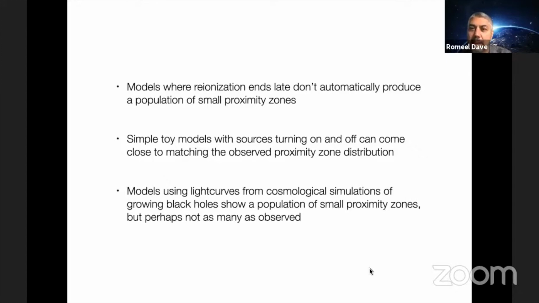In the meantime, I guess I can just ask about that one simulation that seemed to oscillate between those two values of the proximity zone. Is that something about the feature of the code or parameters? So basically, I think it comes down to what this definition of the proximity zone actually is.